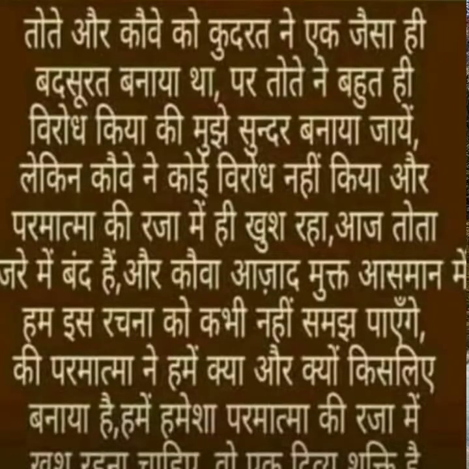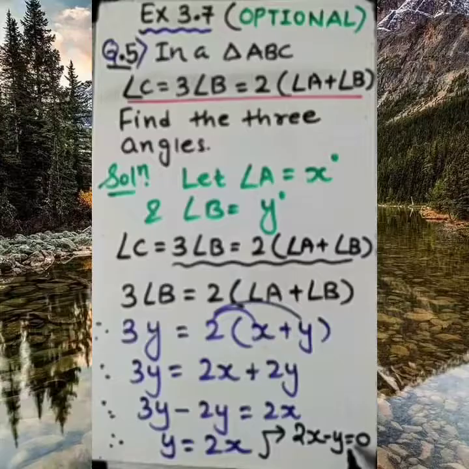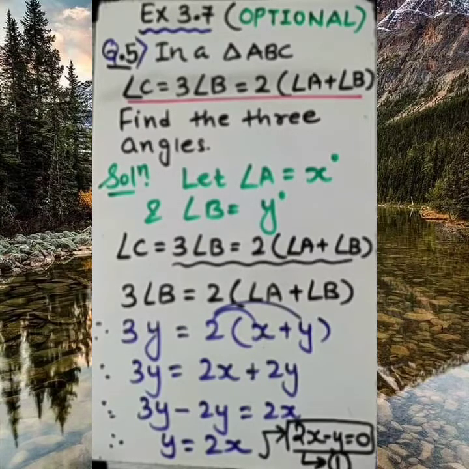Or in another way, if we want to write it in equation form, the equation will become 2x minus y equals 0. I am bringing this y to this side. This is the equation, and I am calling it equation number 1 here.